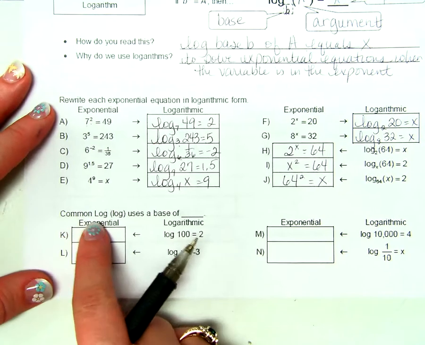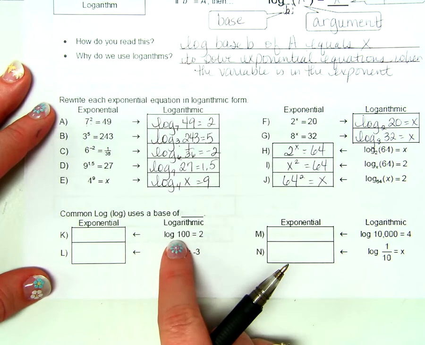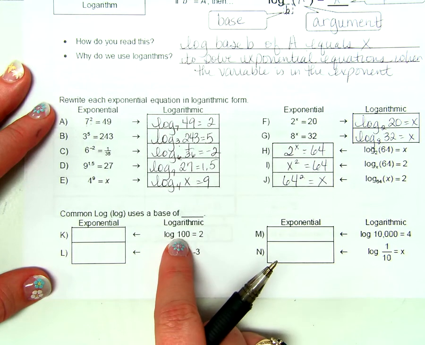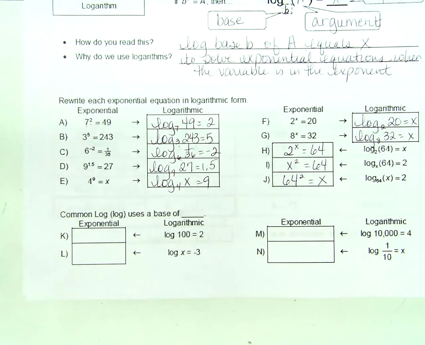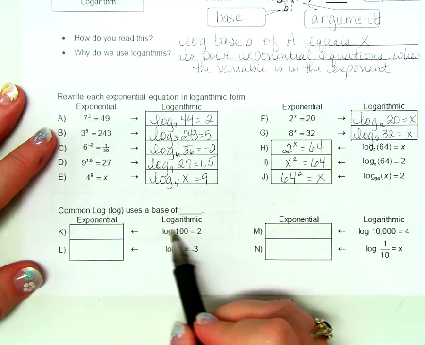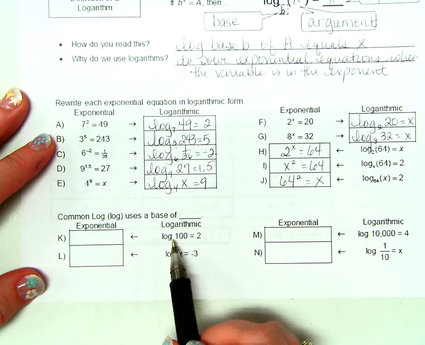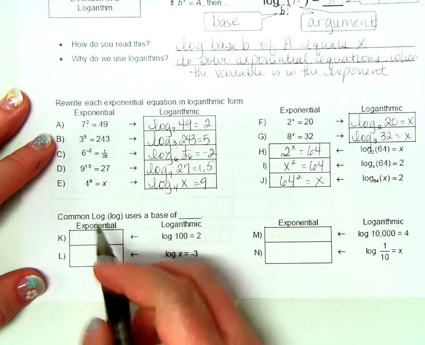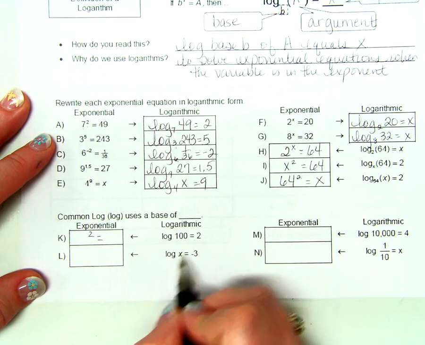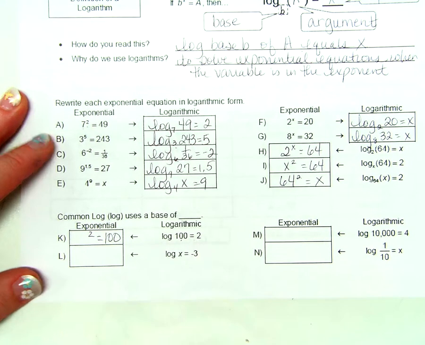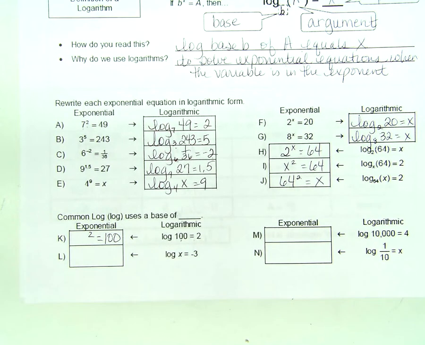There's something called the common log. And when you have a common log, you don't have to write the base because it's understood. Tell me what you think it is. What would this look like if we rewrote it? The base that I don't know yet, squared equals 100. What number squared equals 100?